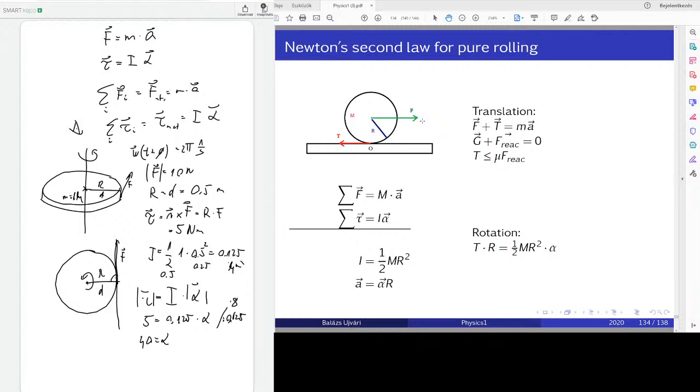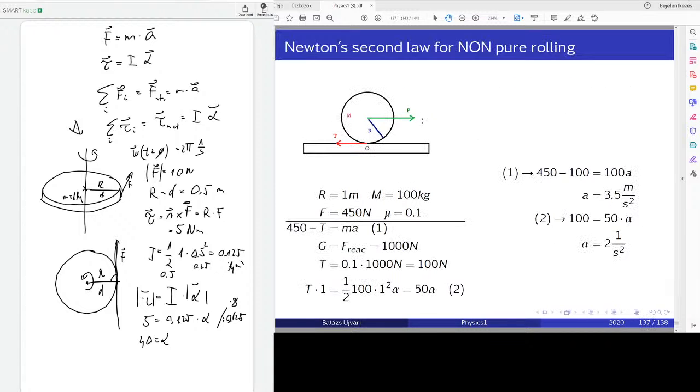The pure rolling is the case when we can talk about static friction, and there is a non-pure rolling when the friction is not enough to fulfill the conditions for... Sorry.